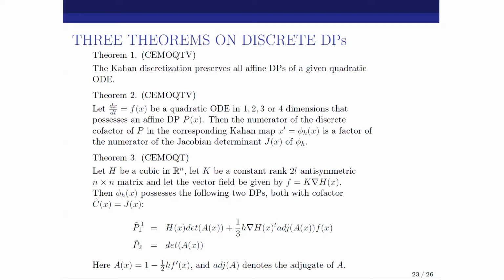But then there are some technical complications there. In a sense, the work with Hone is closer in spirit, and there you have systems of degree d and order d minus 1.